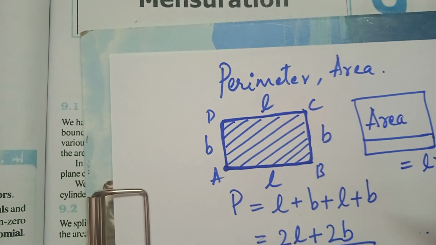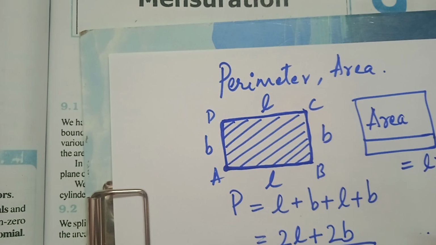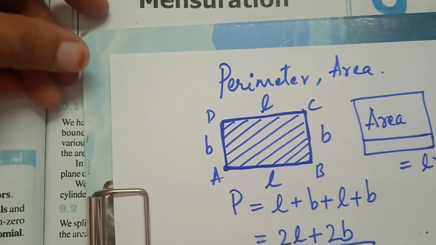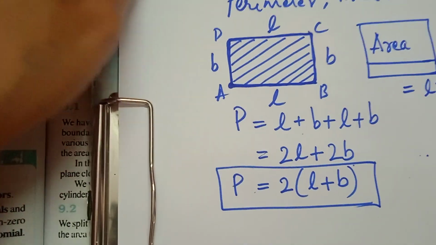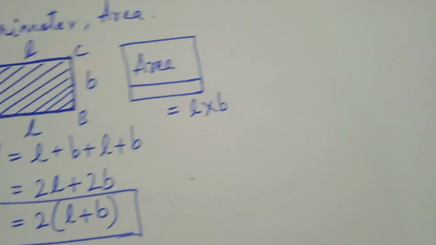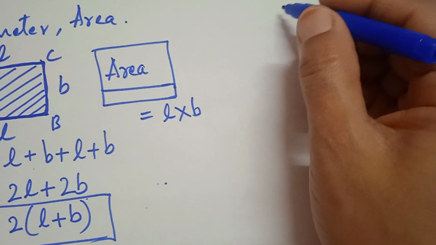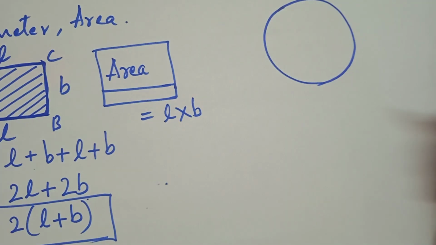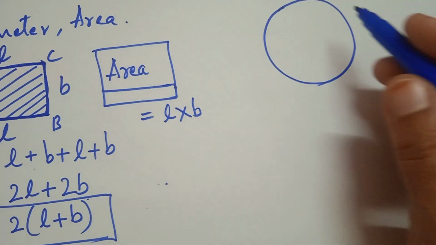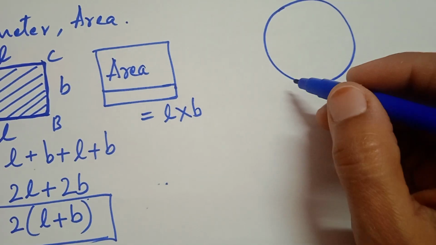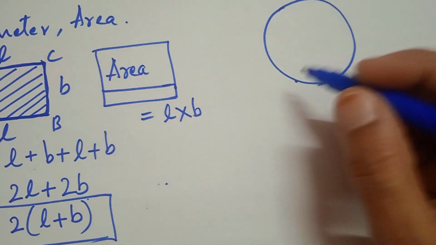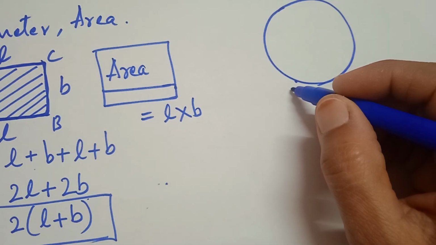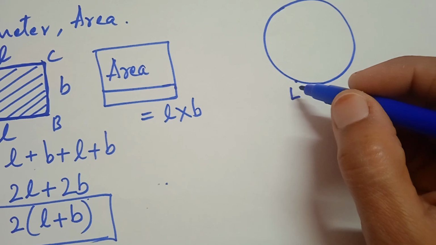Now what about other plane figures? For example, I'll show you by taking a circle. If I ask what is the circumference or the perimeter of this circle, I take a point, say L, on this circle.